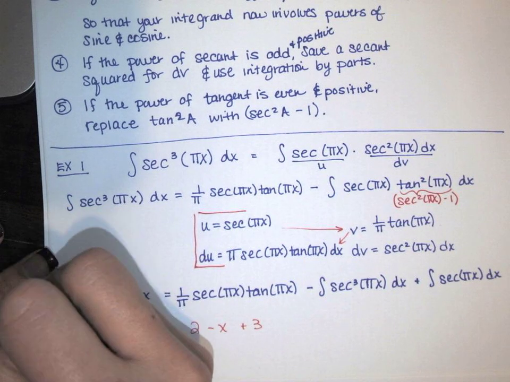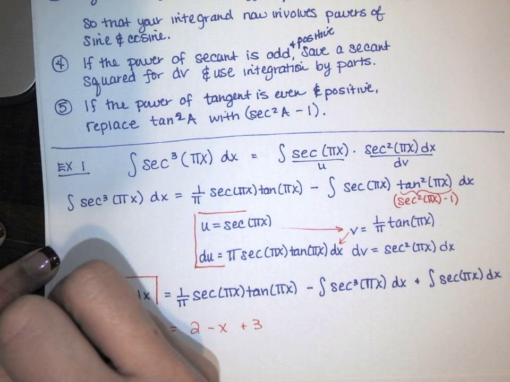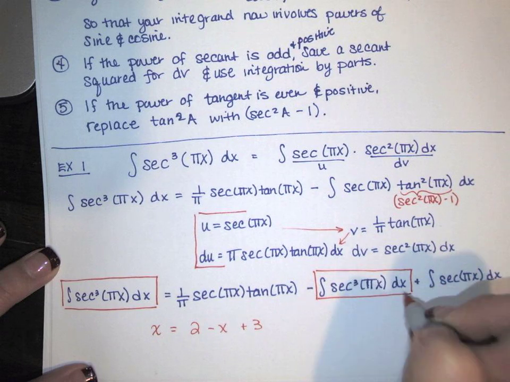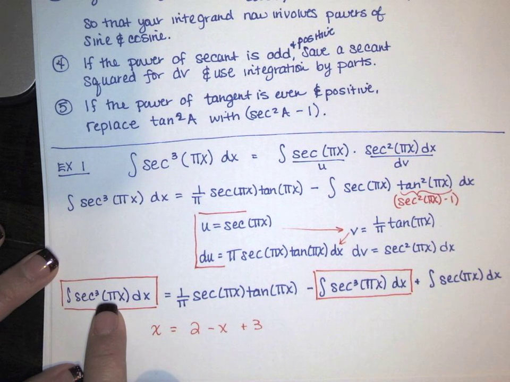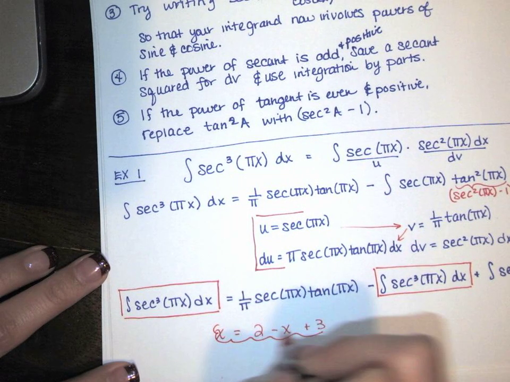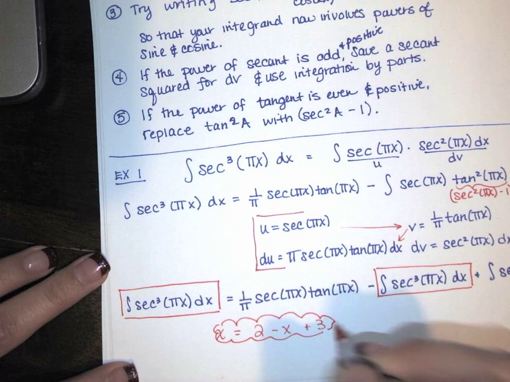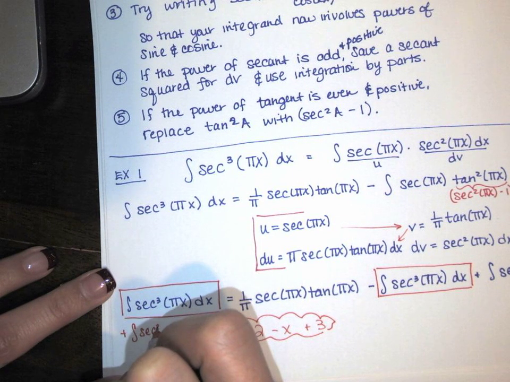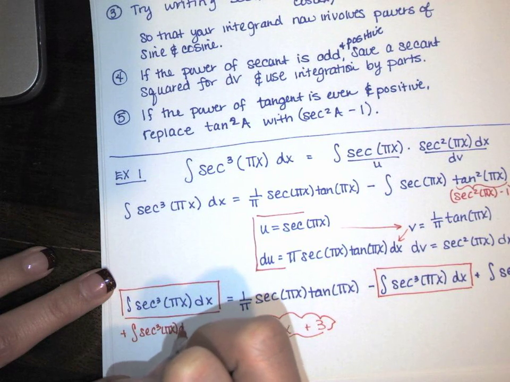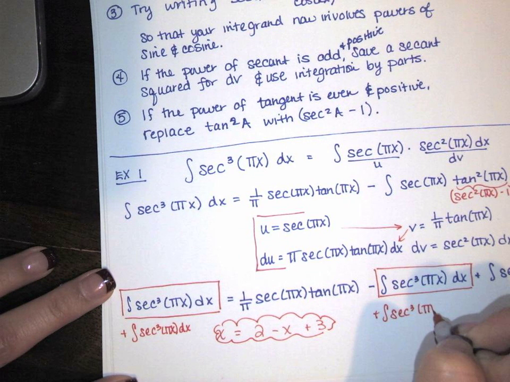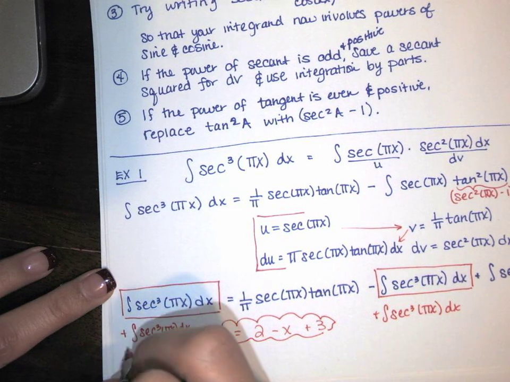The thing I'm looking for is on the left-hand side and the right-hand side. So if I add this to both sides, let's use that little aside. I'm going to add that integral to both sides. Just adding vertically.